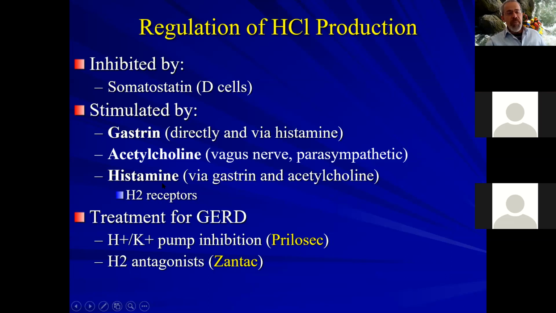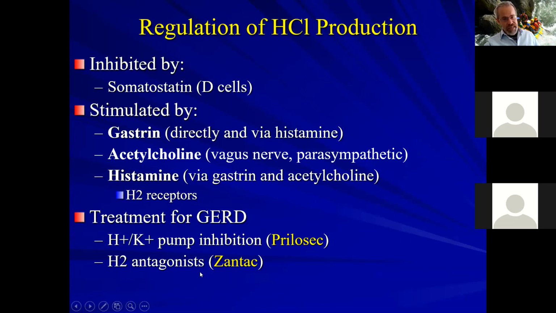So some of the drugs that are used to treat GERD are actually antihistamines. They block H2 receptors in the stomach, which block histamine action, and as a result will inhibit hydrochloric acid production. An example of that would be something like Zantac.